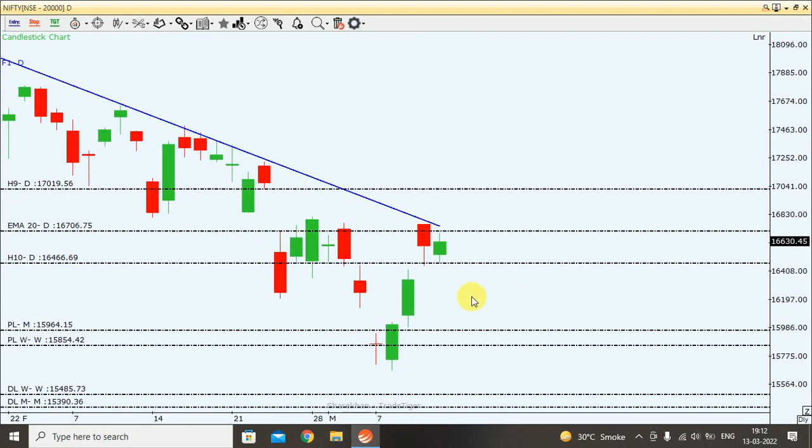So here till this point we can slide down. On the upside, it is very clearly visible that we are at a very strong resistance. If that resistance is broken, if we start trading above 16,700, then we may go till this point, which is 17,000. Okay, so this is the possibility on Monday based on the daily time frame.